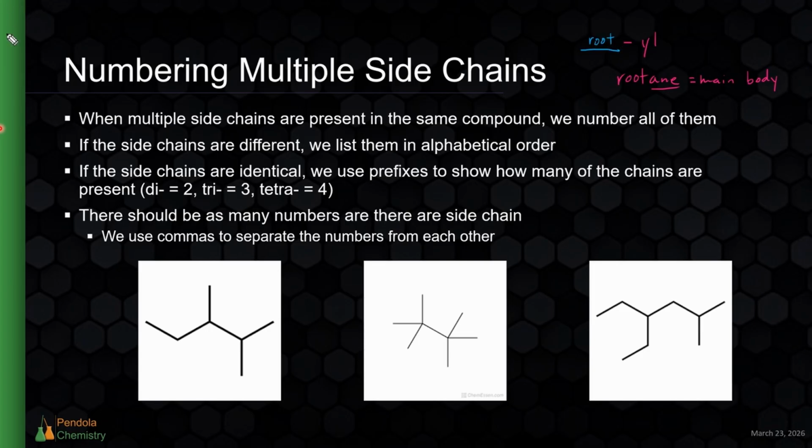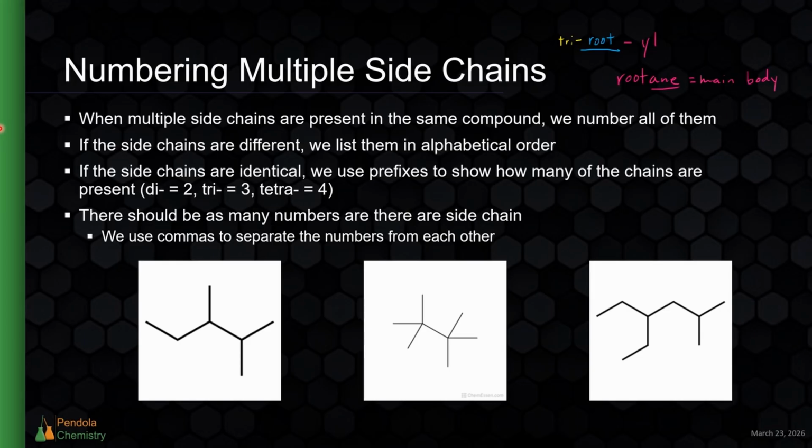Well, in front of that root, if we have 2 or 3 of the same kind, we are going to put a prefix. So for example, if it was 3 of the same kind, we'll put tri with the root yl. So trimethyl or triethyl or tripropyl. If it's 2, then we put di instead of tri. If it's 4, we put tetra instead of di or tri, etc., etc.